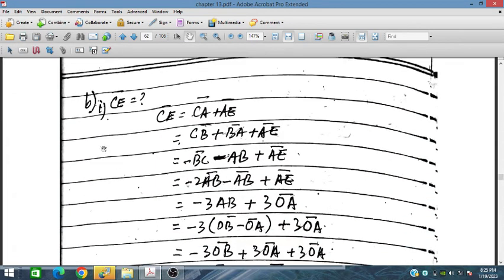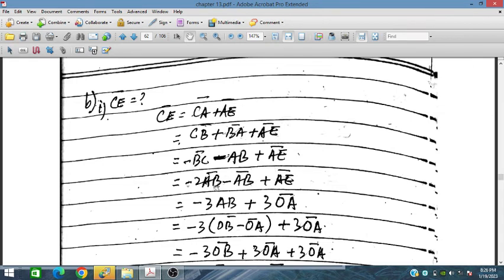In part b, we have to find CE. CE is equal to CA plus AE. In place of CA we can write CB plus BA, and AE is here. CB is basically minus BC, and BA is basically minus AB.